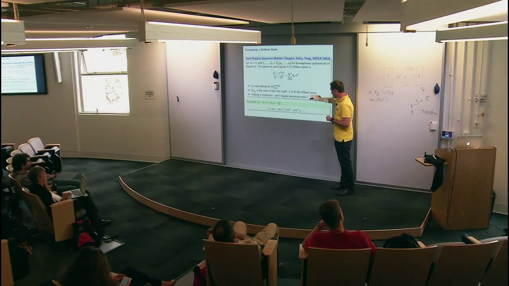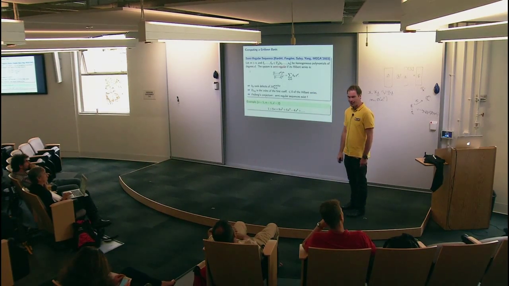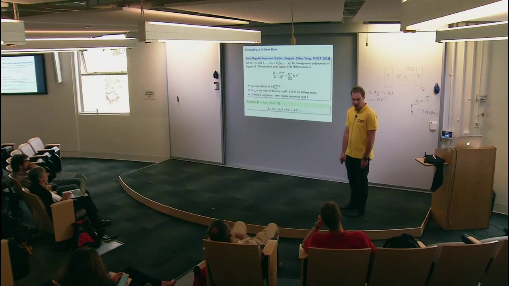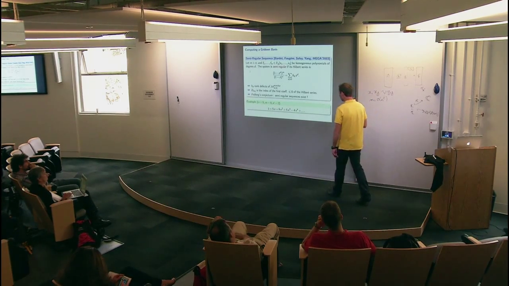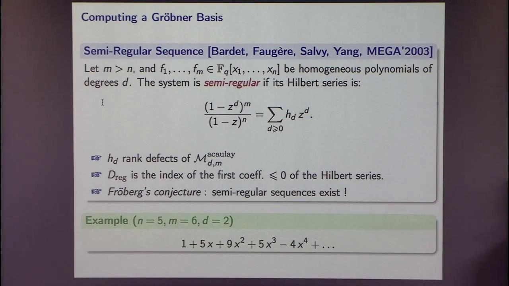And so I want to point here a difficult point with these semi-regular sequences, is that actually we don't know if such sequence exists. So a famous conjecture, which is known as Fröberg conjecture, is yes, these semi-regular sequences exist.